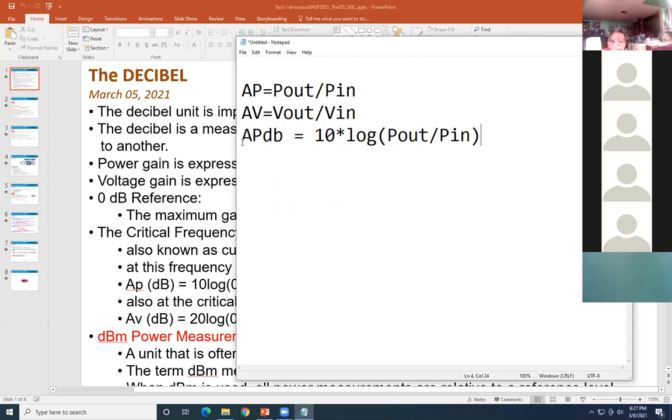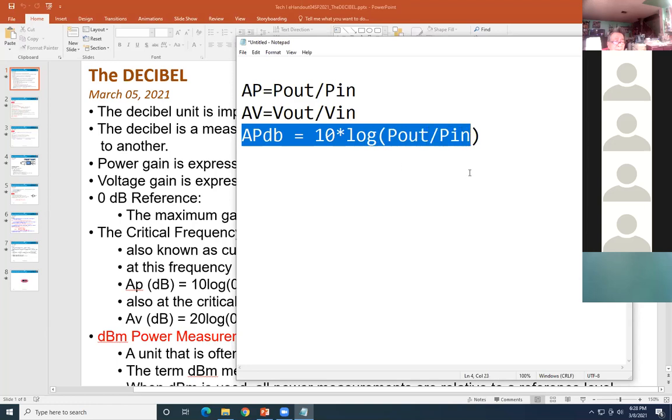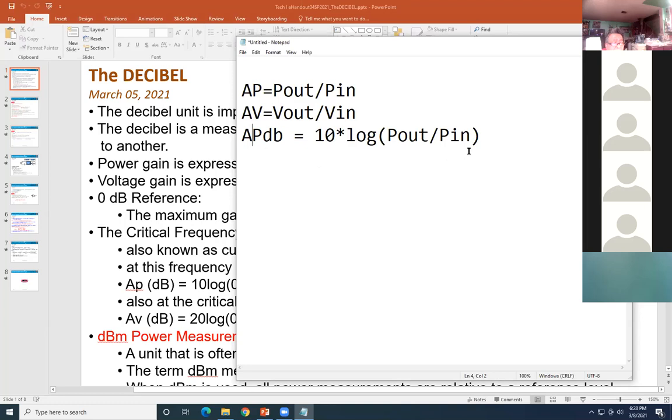And if you want to calculate the voltage or current, then AV in dB will be equal to 20 times log of V out over V in.